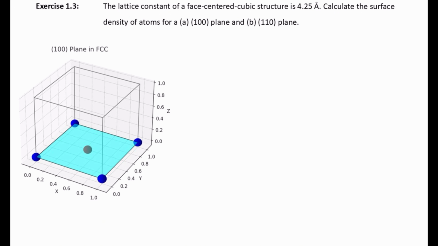Before we calculate the surface density of the 100 plane, we have to understand the 100 plane in FCC structure. The 100 plane is a square plane cutting through the unit cell perpendicular to the x-axis. In FCC, this plane has 4 corner atoms, each shared by 4 adjacent unit cells in the plane.